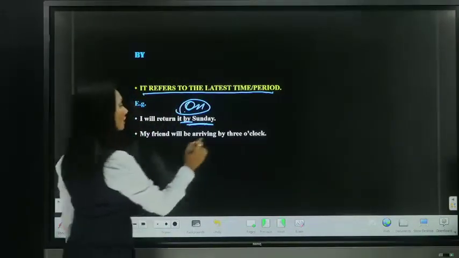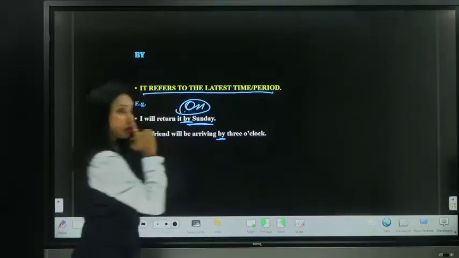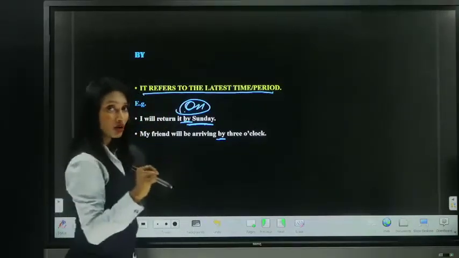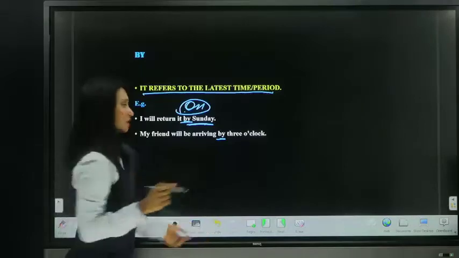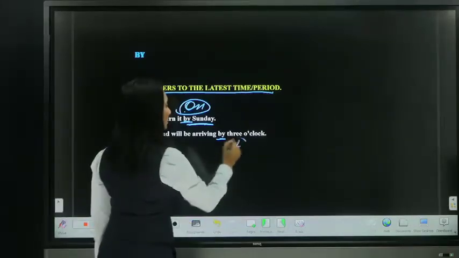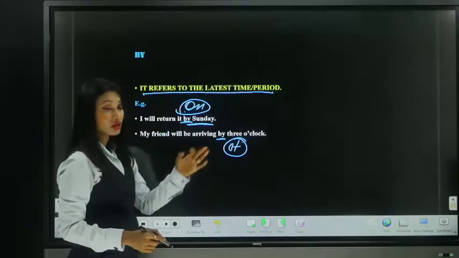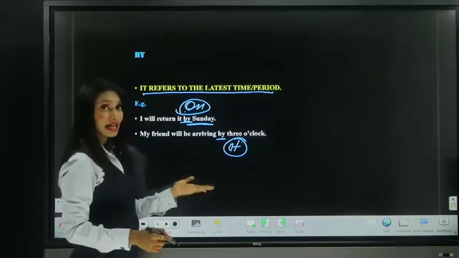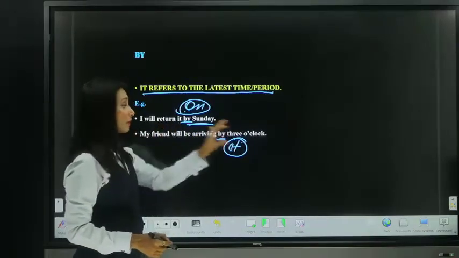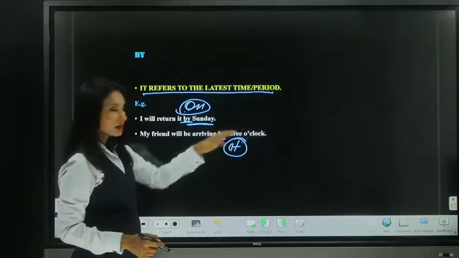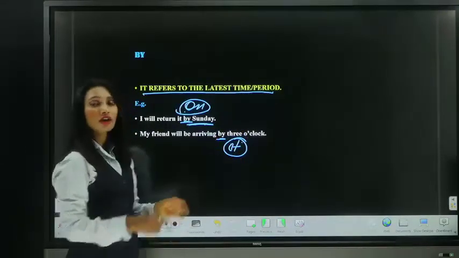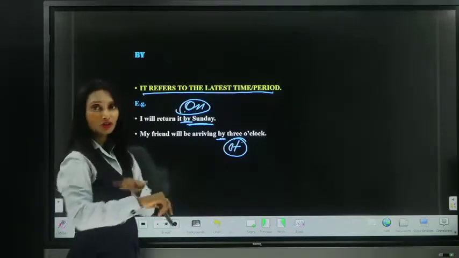My friend will be arriving by 3 o'clock, not at 3 o'clock. 3 o'clock is a clock timing. Generally, we use at, but here we are not talking about at that time. We are talking about the latest time or period before the mentioned time, in fact. So by 3 o'clock, not at 3 o'clock, before 3 o'clock.